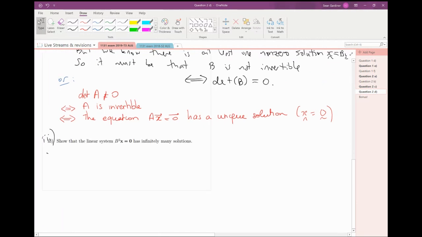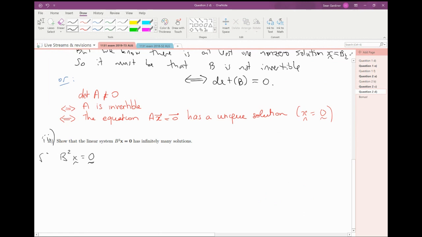So here we're going back to the equation B squared x equals 0, and we want to solve for x, right? And we want to show again that it has infinitely many solutions. Well, this system B squared x equals 0 is a linear system, right?